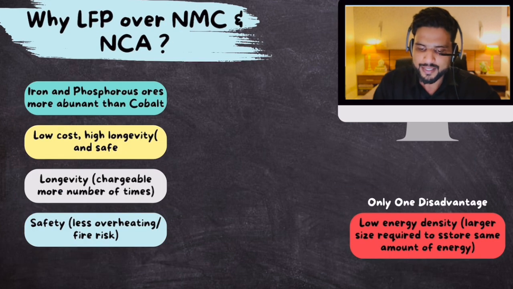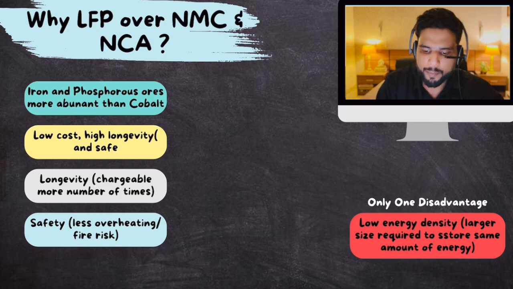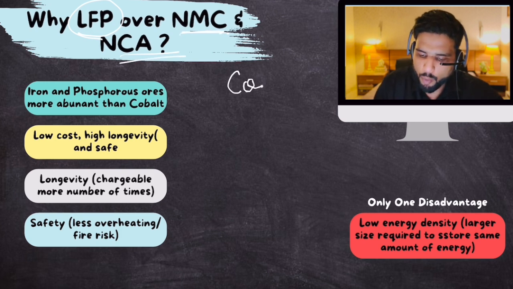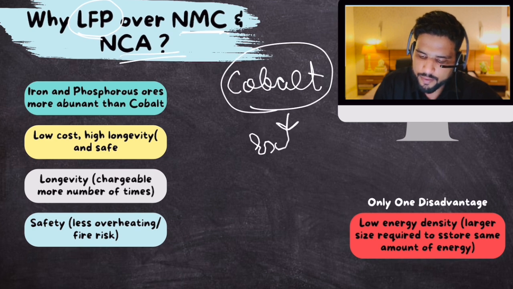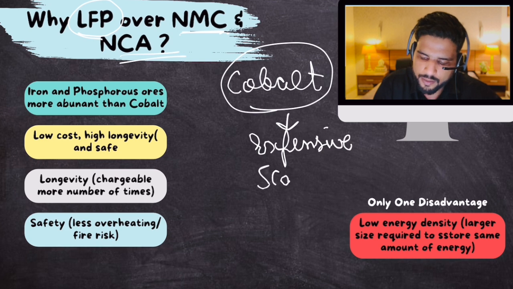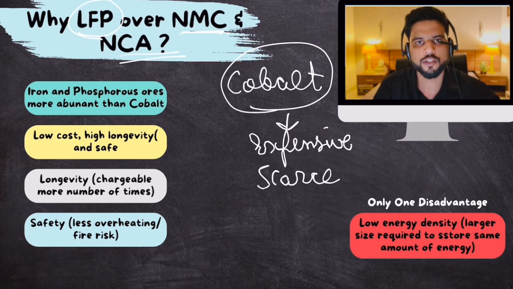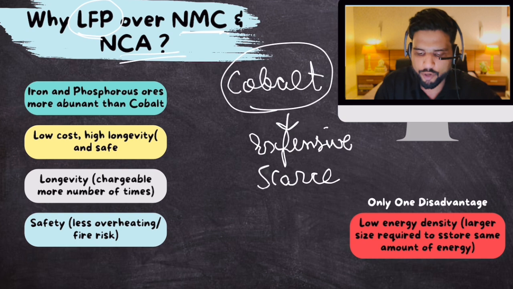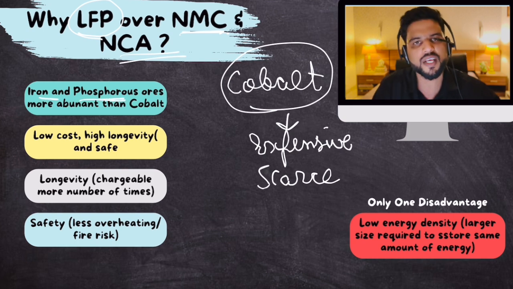Okay, so why are people preferring LFP batteries over NMC and NCA? First of all, NMC and NCA require cobalt. Cobalt is very expensive and is also very scarce. So that is why people are favoring phosphorus, because iron and phosphorus are quite abundant as compared to cobalt.